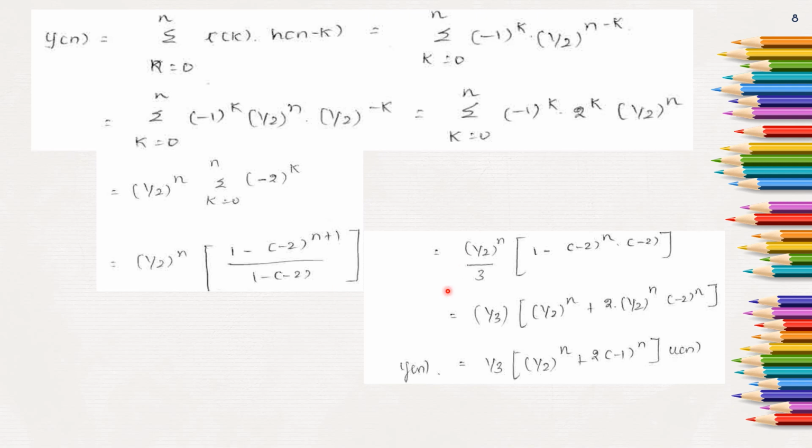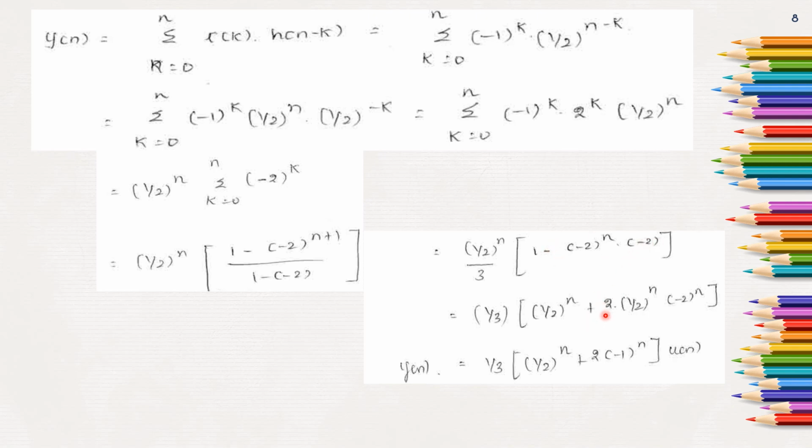So I completed. So 1 by 2 the whole power n, 1 minus 2 the whole power n into minus 2 divided by, minus and minus will become plus, so it is going to be 3 here. So 1 by 3 into 1 by 2 the whole power n, minus and minus becomes plus.